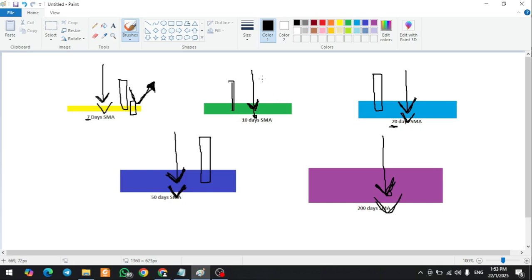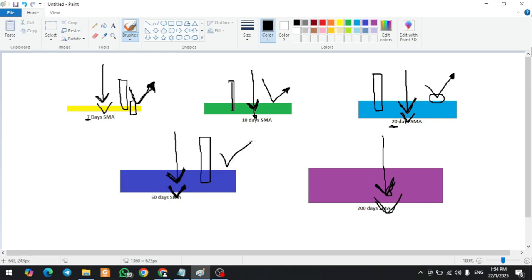The same goes for 10 days. Usually if the volume is not quite big or the momentum is still there, the price can easily bounce back on the 10 days moving average. The same goes here. This one needs more force or bigger volume to break, but if that's not enough, the price will eventually bounce back.